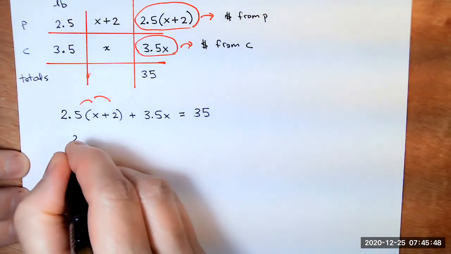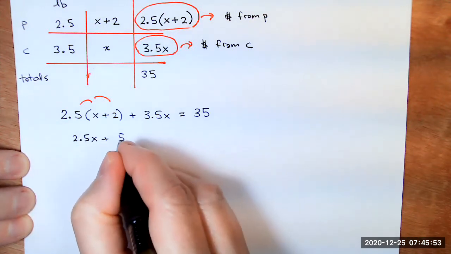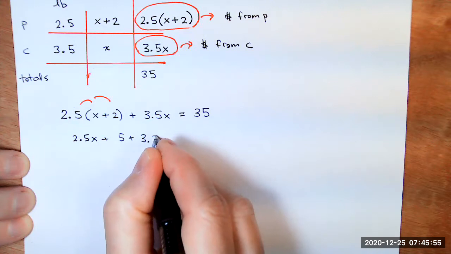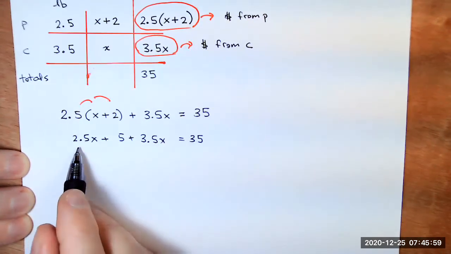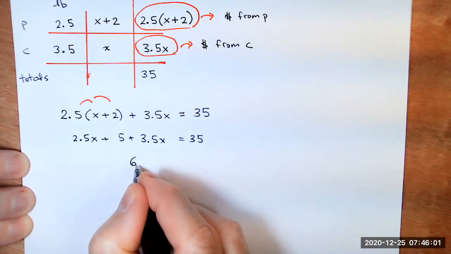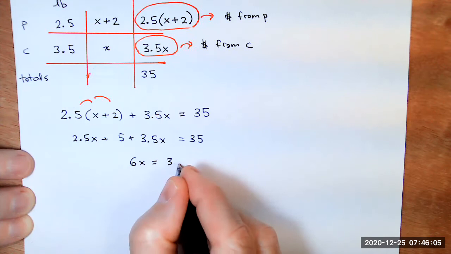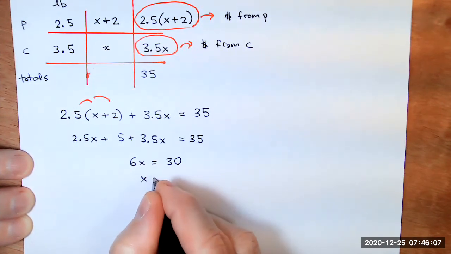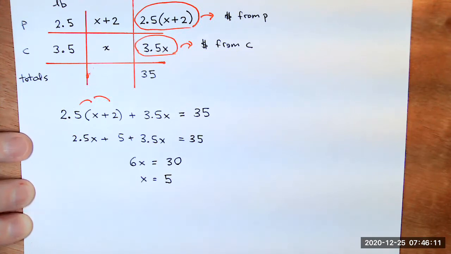Distribute. Combine like terms and subtract 5 from both sides. And then always go back.